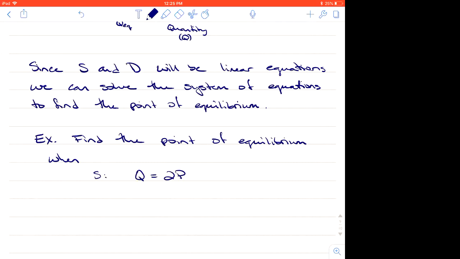That's our first line. Q is taking the place of X, and P is taking the place of Y. And the demand curve is Q is 10 minus 3P.